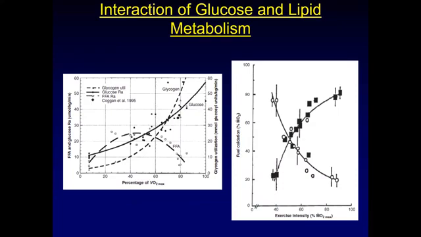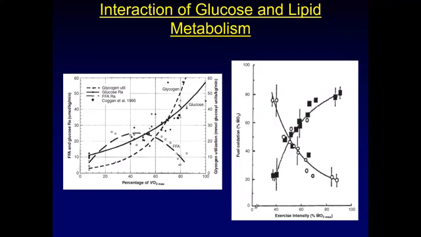This graph right here, Dr. Mike very much wants me to make sure that I show it. It illustrates a concept that people used to spend a lot of time talking about, called the crossover effect, of carbohydrate and lipid metabolism. We'll start with this graph, and then I'll move over to the slightly more complicated one. This is percentage of VO2 max, the exercise intensity, on the x-axis, and the percentage of the fuel being utilized at that metabolic rate.